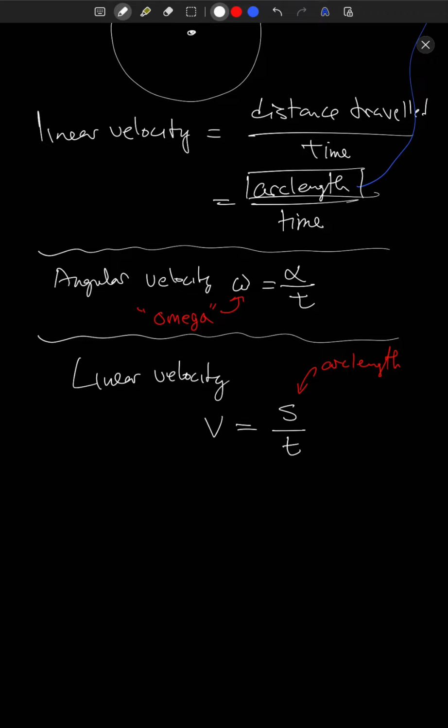So linear velocity is arc length over time. But again, it's the same idea as in regular straight line motion, and in fact, it's the same type of idea as with angular velocity. It's how far something has changed over time.